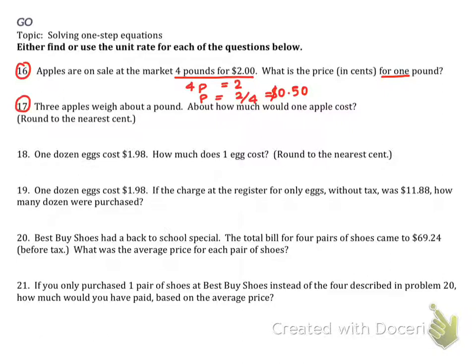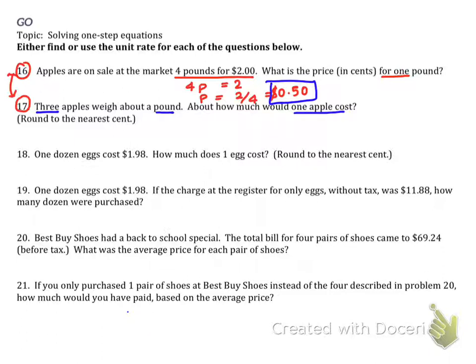Here questions are given in a way that two questions are related to each other. You have to check if they are related or not, because when you read question number 17, it says 3 apples weigh about a pound, so that's in the context of question number 16. If 3 apples weigh a pound, and a pound's price you already calculated in the previous question, if you are buying a pound of apples, that is $0.50, 50 cents, and you're finding how much 1 apple would cost.